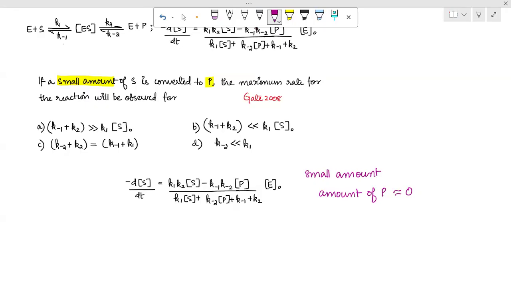So we'll say that it is almost 0. And the concentration of the substrate at this point is equal to initial concentration of S.